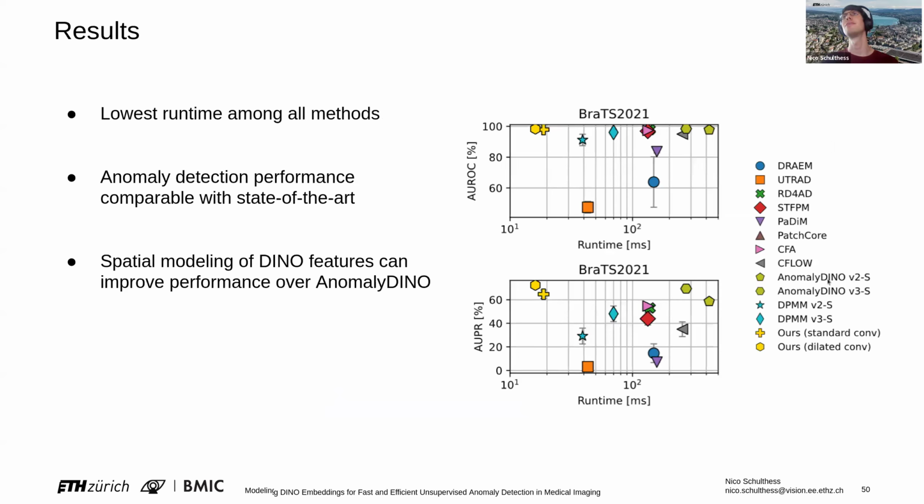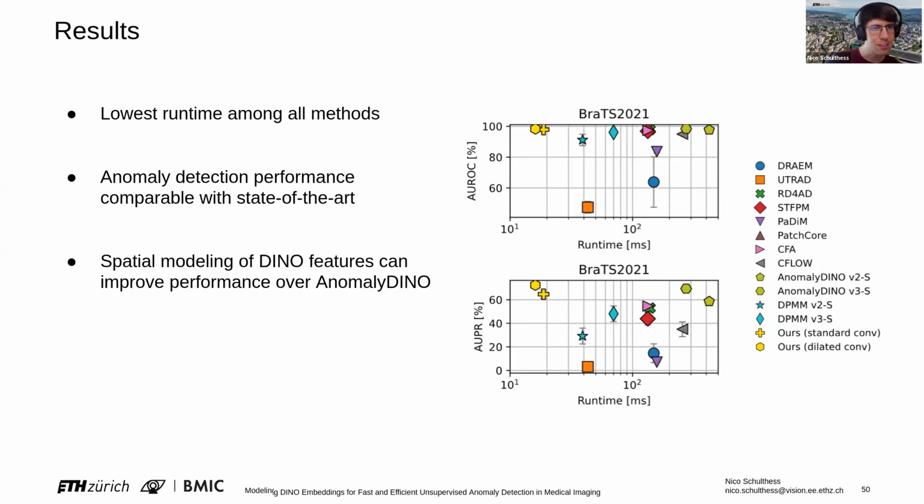for example, here, when you look at where is the brown triangle, PatchCore would be the most similar one to AnomalyDINO, just with a ResNet feature extractor. It's somehow obscured behind the other ones.